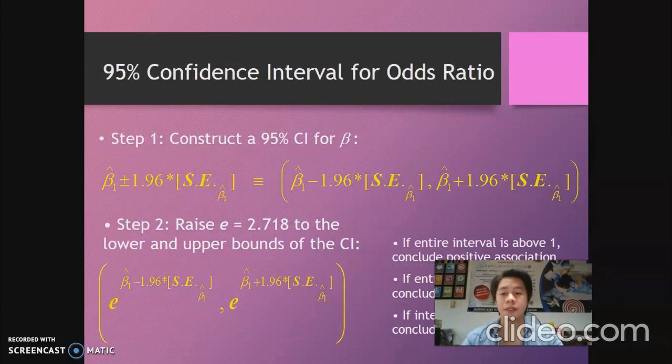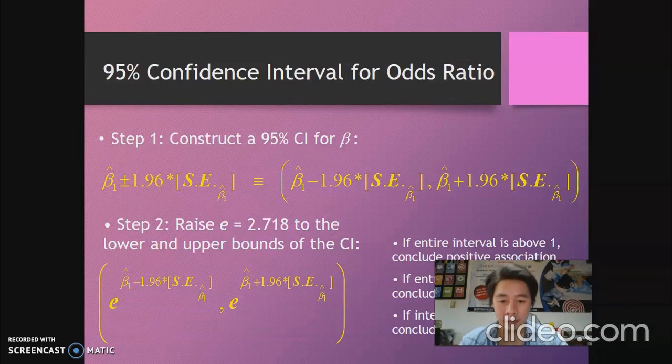For the 95% confidence interval for the odds ratio, step 1: construct a 95% CI for the coefficient. We have coefficient 1 plus or minus 1.96 times the standard error of coefficient 1.